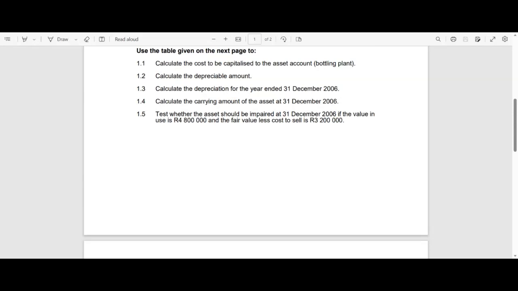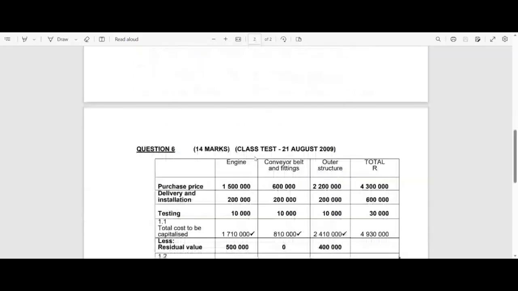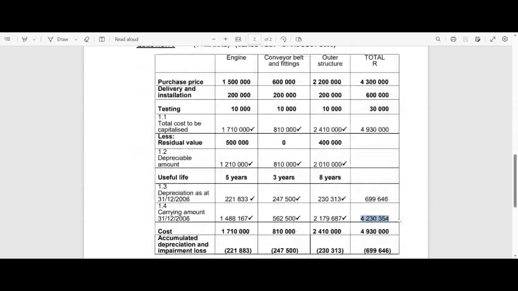So now if we go and do our impairment test, we see that we've got a carrying amount of 4,230,000. We've got a recoverable amount, so its true value for us, its maximum true value. In this case, if we keep on using it as we intended, its maximum true value for us is 4.8 million rands.